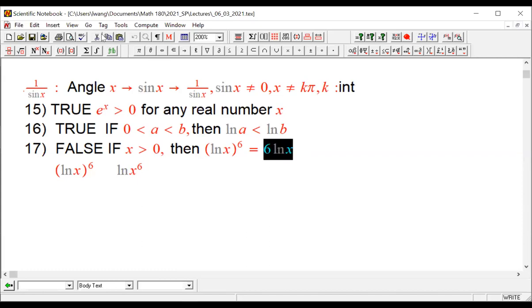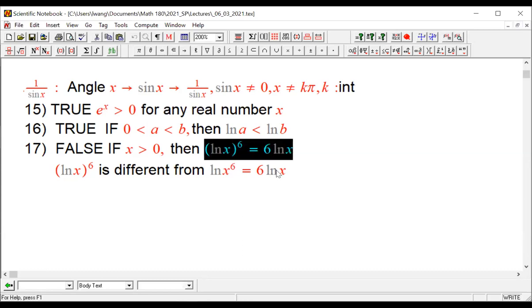This latter one is equals to, which is the power. Okay, so these two are different. You follow me? And also, this actually also traces back.